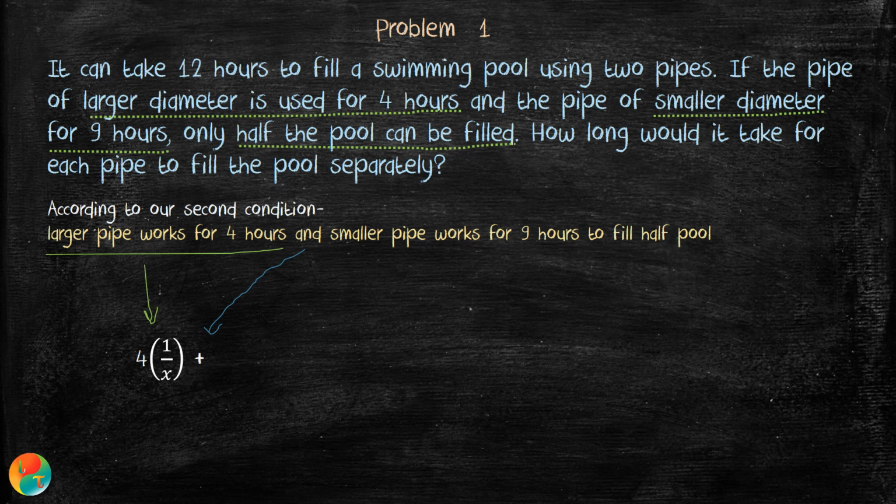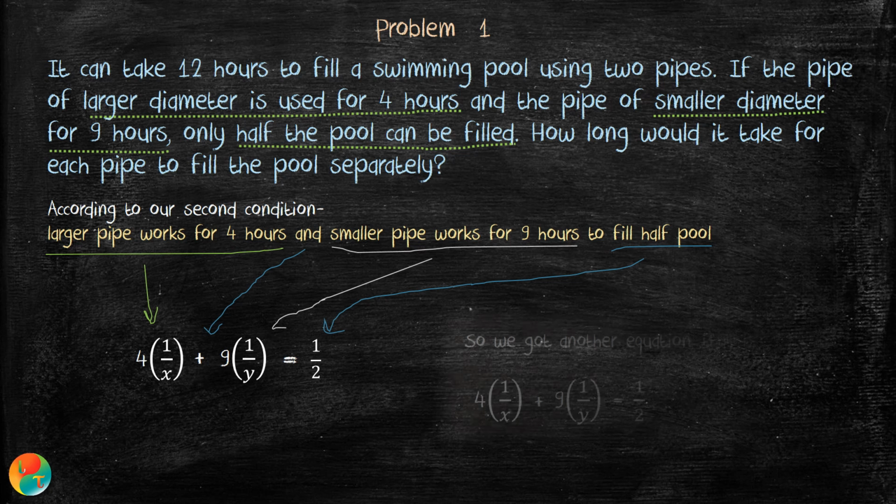And adding smaller pipe is working for 9 hours. It means per hour efficiency of smaller pipe for filling the pool alone, into how much time it is working for, that is 9 hours, will fill half the pool. It means in fraction volume becomes 1 by 2.